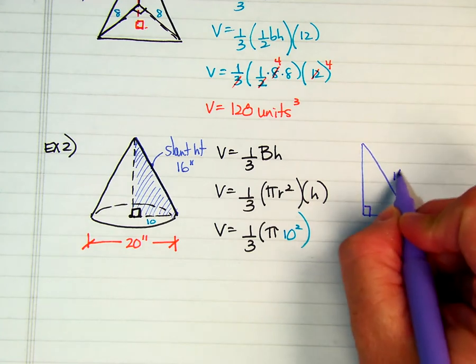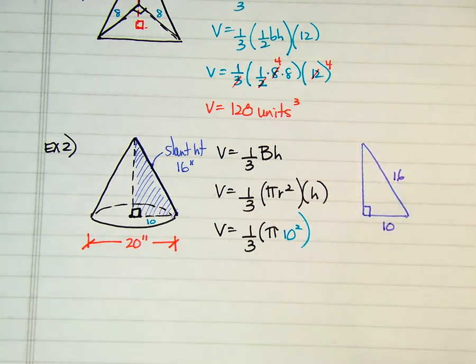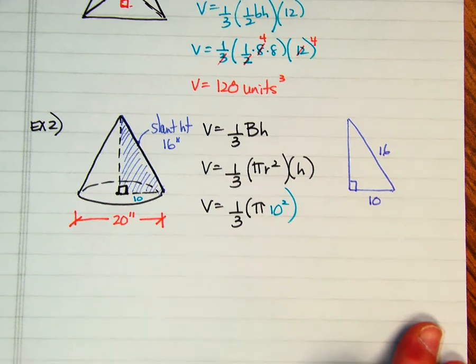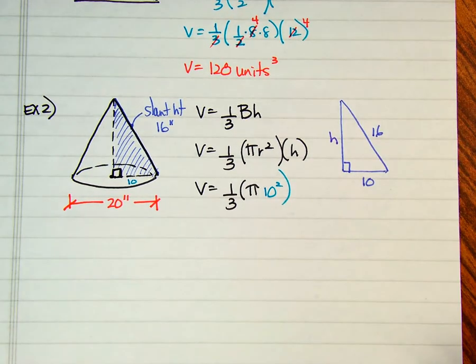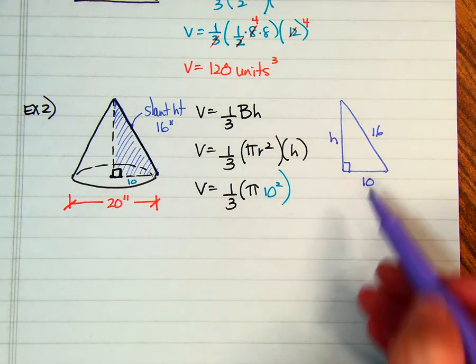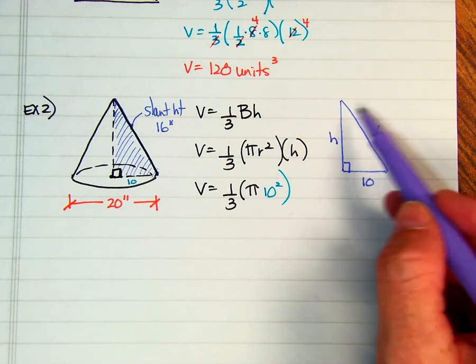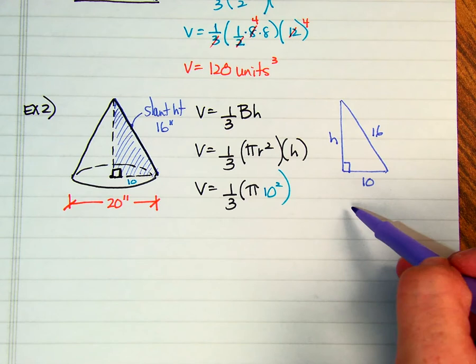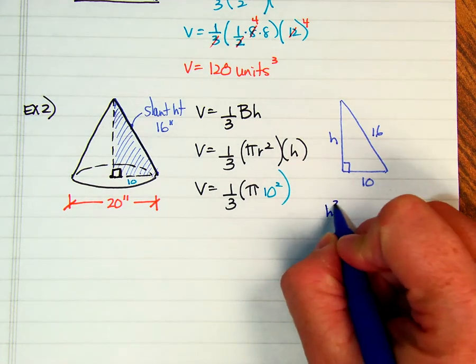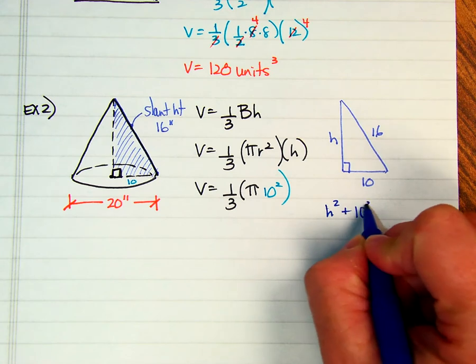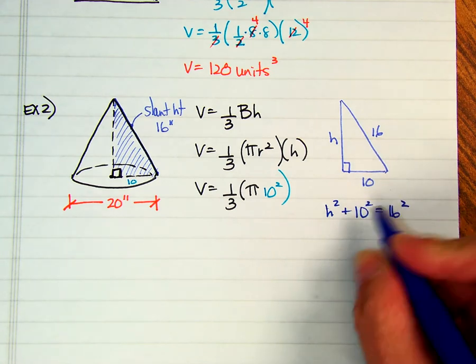So the slant height is 16 and the radius is 10. Do I have enough information to find the height that I'm looking for? And the answer is yes. Whenever you are looking for a missing side of a right triangle, you should be thinking about the Pythagorean Theorem. So h squared plus 10 squared equals the hypotenuse squared.